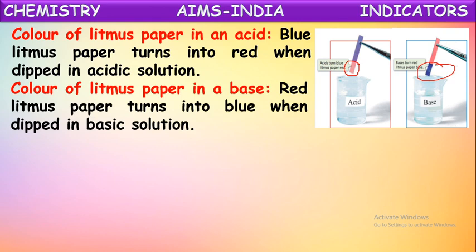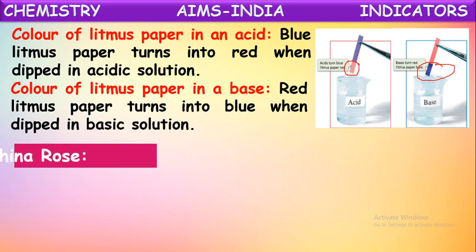If you dip blue litmus paper into an acid solution, it turns red. If you dip red litmus paper into a base, it turns blue. In this way, litmus papers show different colors with acids and bases, and hence those substances can be identified or detected.